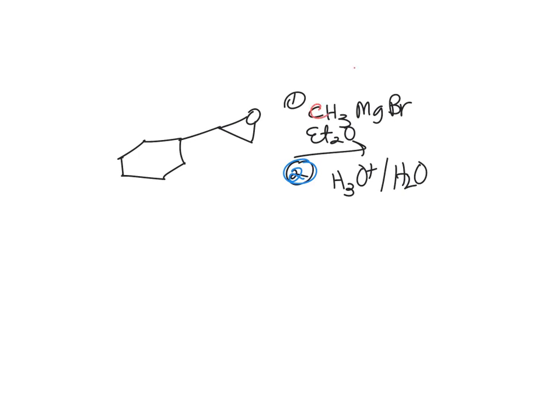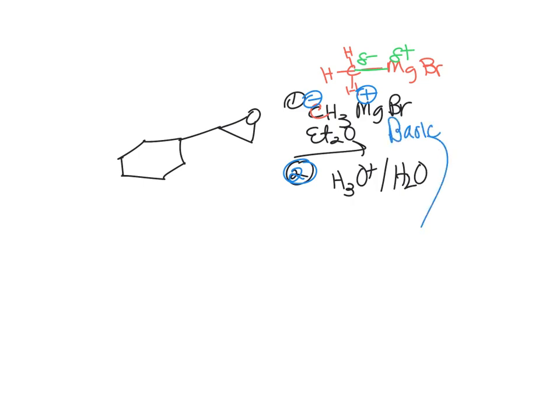What is going on here is this carbon is bonded to the magnesium bromide, and this is so polar that this might as well be a full positive, and that's a full negative. So you have a negative carbon here. I don't care about the bromide. We care about the carbon. And this is very basic.